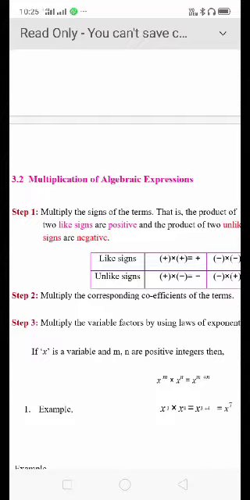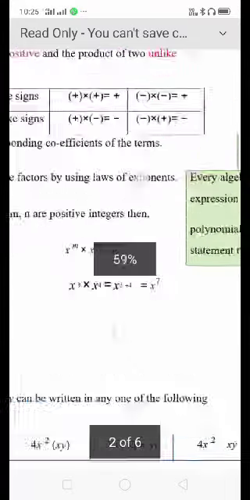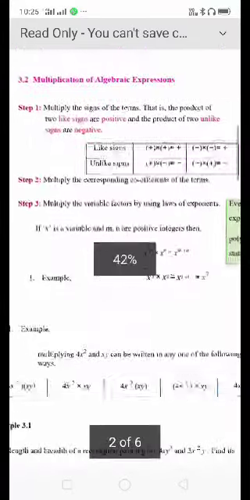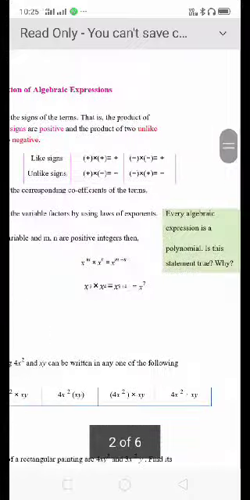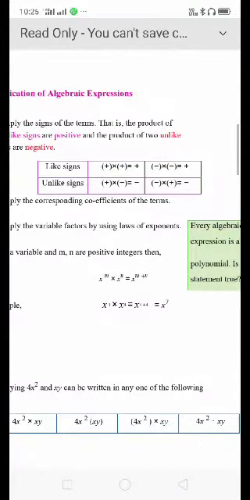Multiplication of algebraic terms. If I have taken two terms, x and y. x is one term, y is another term. x has a positive symbol, y also has a positive symbol. So I have to multiply x and y to deliver my answer.